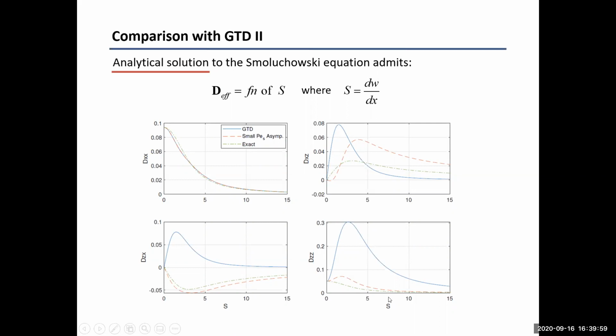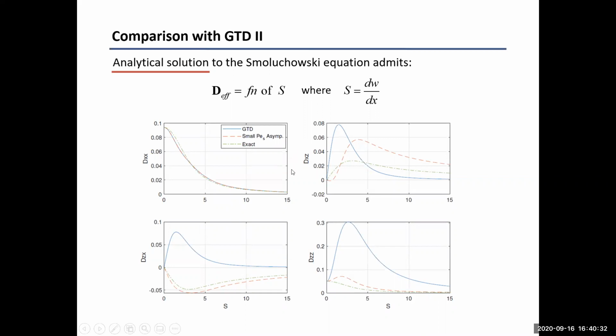Here you can compare the four diffusion coefficients coming directly from the Smoluchowski equation with the Jacobian transformation. In the case of the XX component, all three are really similar, which demonstrates why generalized Taylor dispersion theory and the small model perform so well in comparison to the Smoluchowski equation. That also explains why the GTD model worked so well previously.